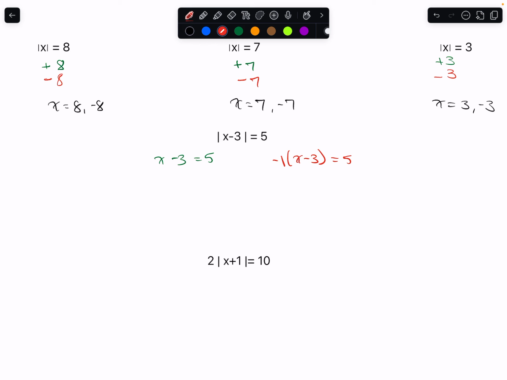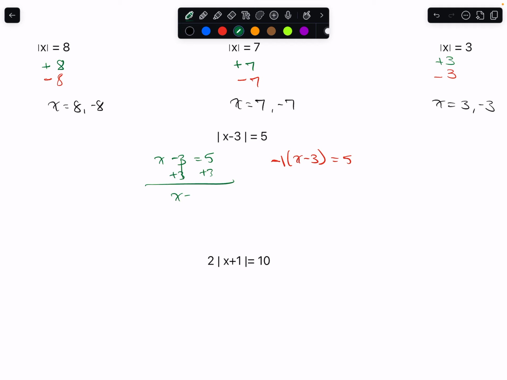This -1 is supposed to indicate the negative portion of the absolute value, while on the green side, there is no negative because it represents the positive. So now you have both your positive and negative. Let's work on the positive side.